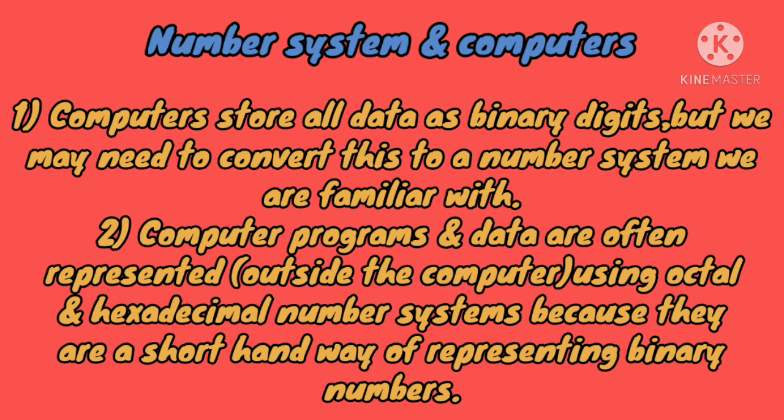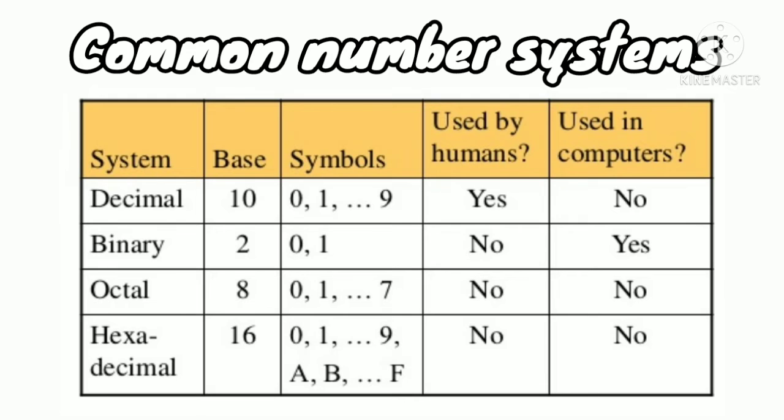Computers store all the data as binary digits, but we may need to convert this to a number system we are familiar with. Computer programs and data are often represented using octal and hexadecimal number systems because they are a shorthand way of representing binary numbers. So these are the common number systems, shown in the table given below.